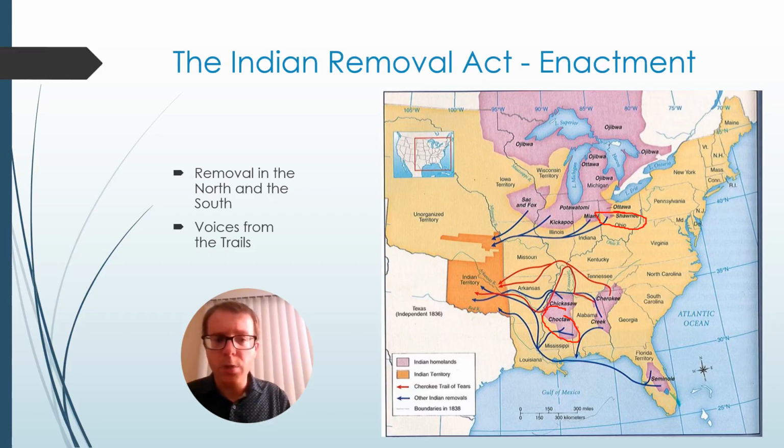So I want to leave us with a quote from John Ross, the chief of the Cherokee Nation. He stated, after these expulsions took place, "We are despoiled of our private possessions, the indefeasible property of individuals.